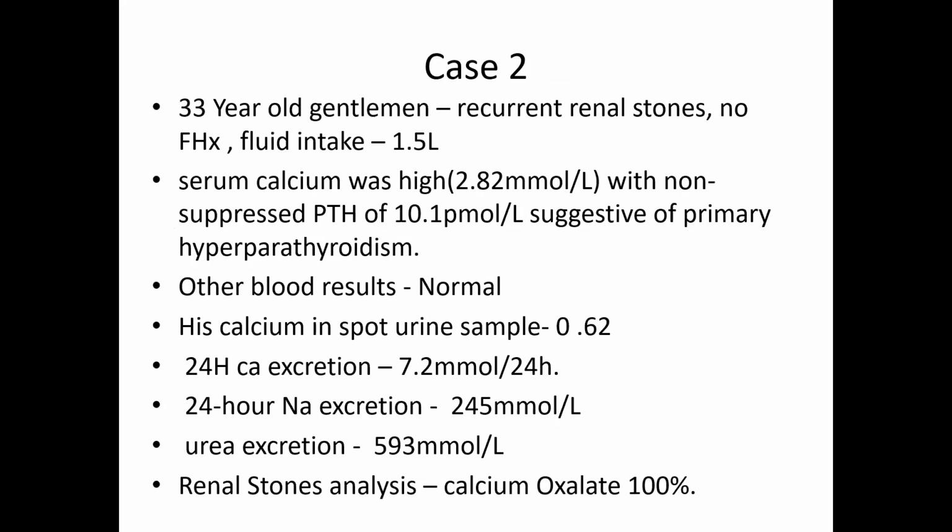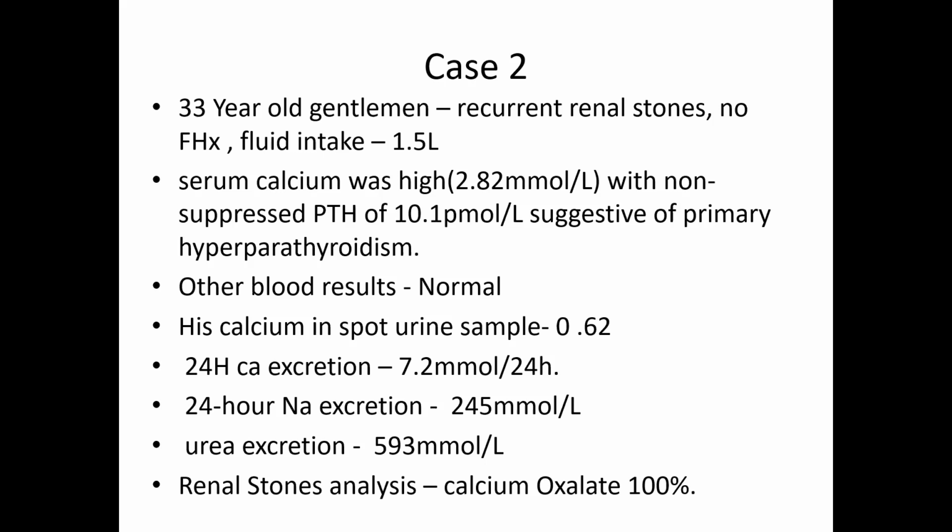My second patient was a 33-year-old gentleman who was referred to us due to recurrent renal stones, and there was no family history, and his fluid intake was somewhat low at 1.5 liters. His serum calcium was high at 2.82 millimoles per liter with non-suppressed PTH of 10.1 picomoles per liter, suggestive of primary hyperparathyroidism. All other blood results were largely unremarkable.